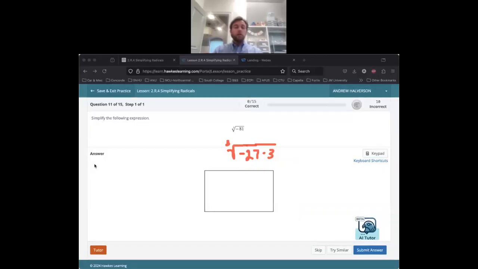Then, like before, you give each one their own house, their own radical symbol, so it becomes the cube root of negative 27, and then the cube root of 3. Now the first part, the cube root of negative 27, what does that simplify down to? What raised to the third power will give us 27?